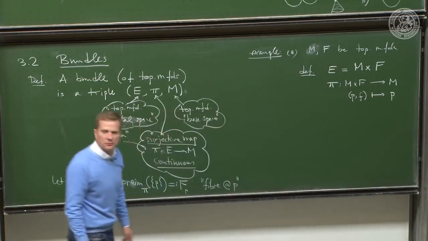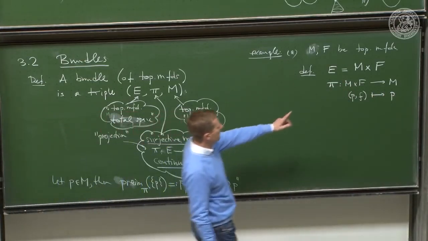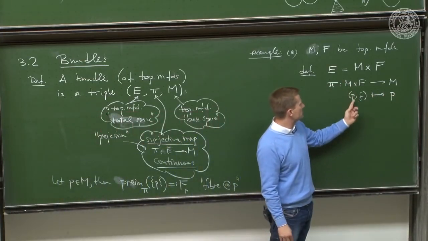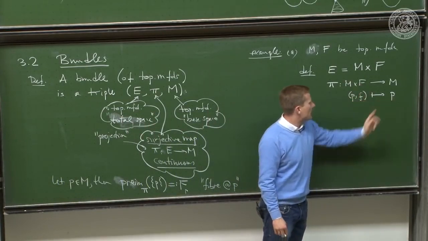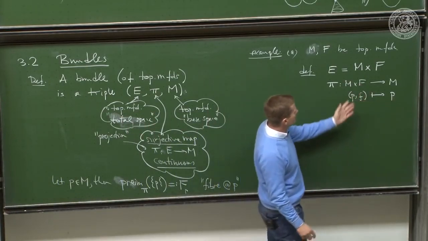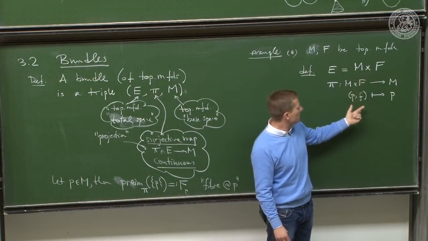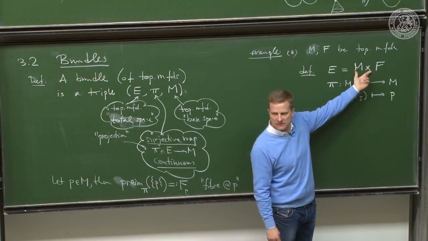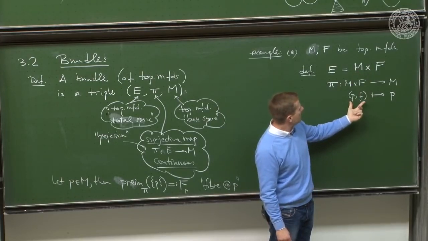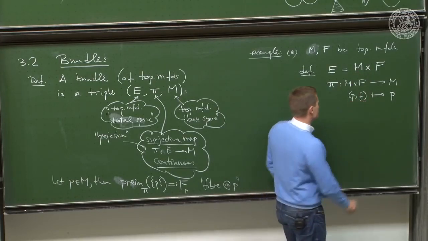It's a real projection. Now you have a Cartesian product, which has two factors. This p comes from M, the f comes from F, and it maps down like this. And if you equip M cross F with the product topology, which is the understanding because nothing else was said, then this map is continuous.